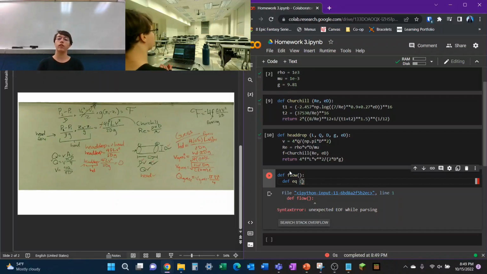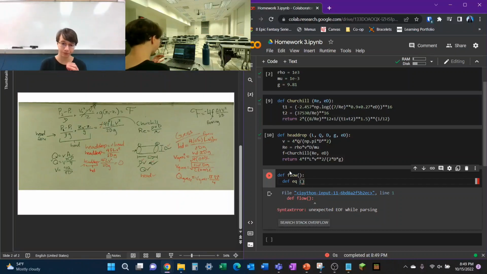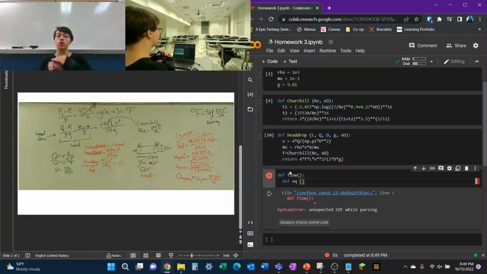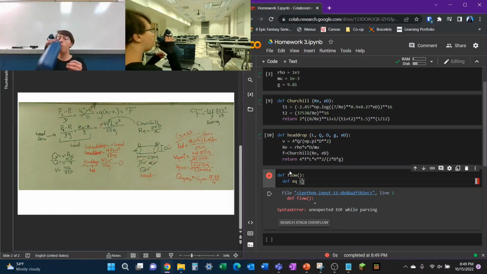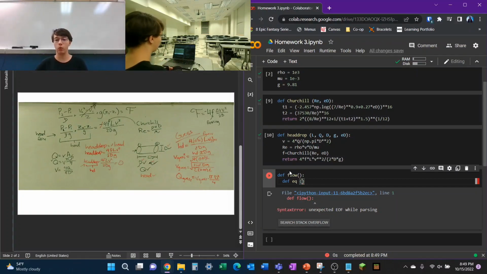So the way the root solver works is it needs to take in a vector, and it needs to output a vector, and that is because it can be set up to solve multiple nonlinear equations at the same time. So it would take them in as a vector or an array, and it would also output them the same way.